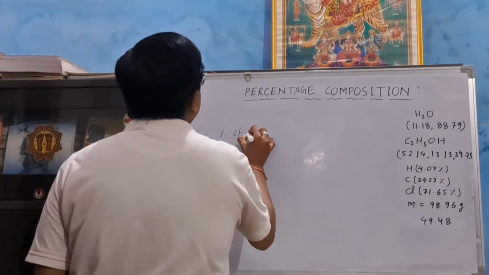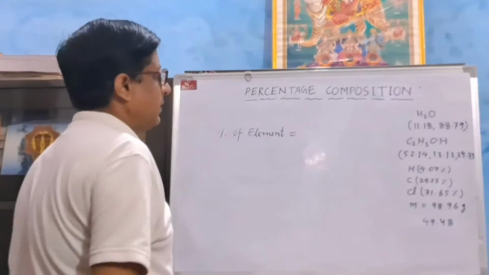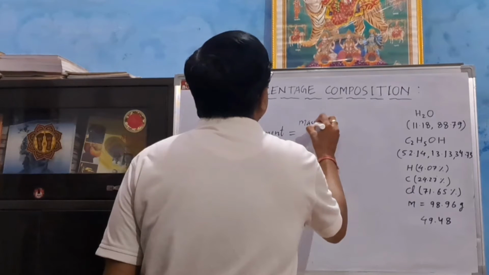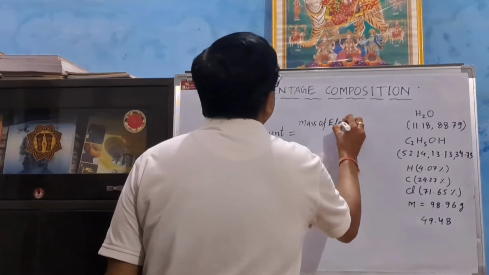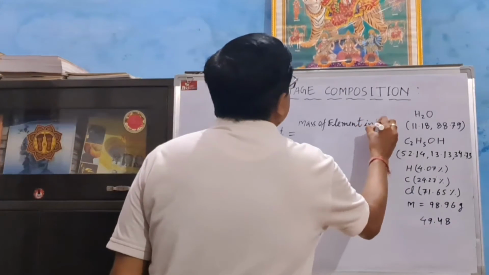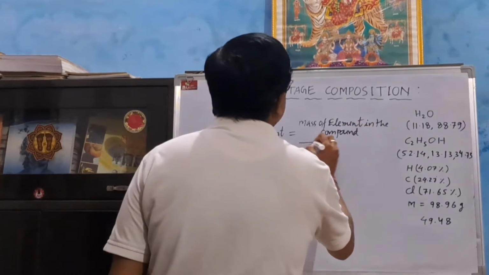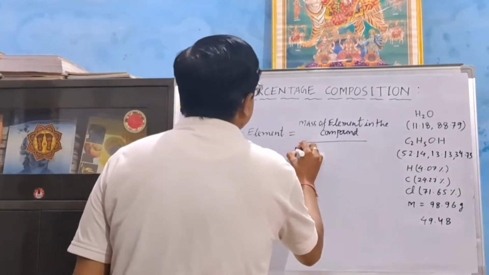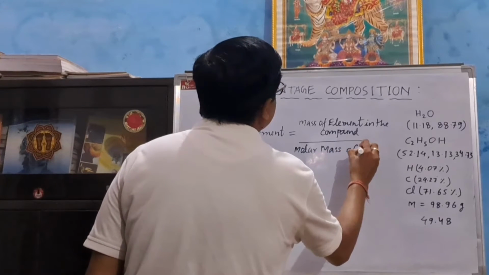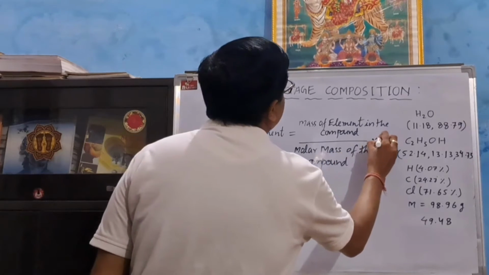Percentage of given element is equal to mass of element in the compound divided by molar mass of the compound, multiplied by 100.